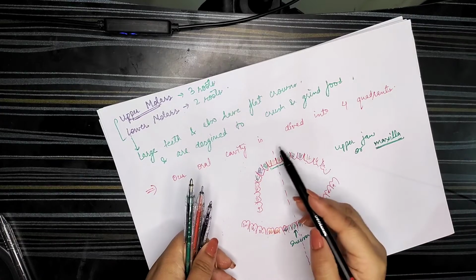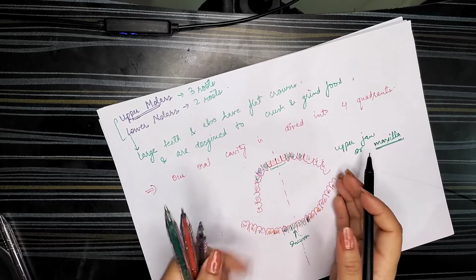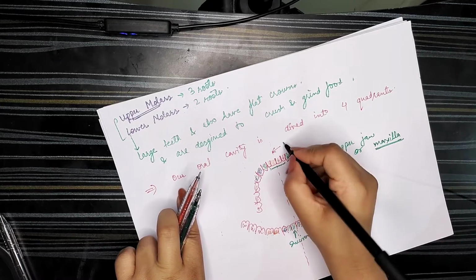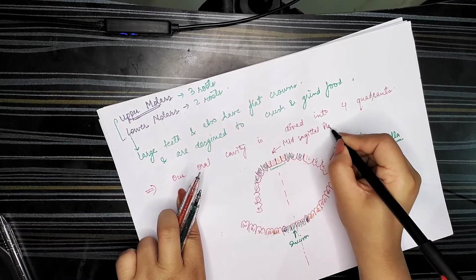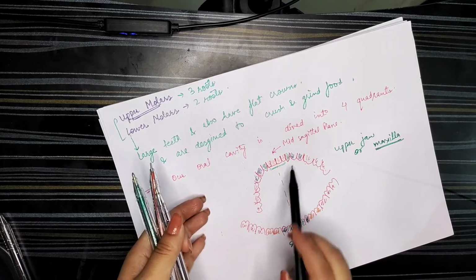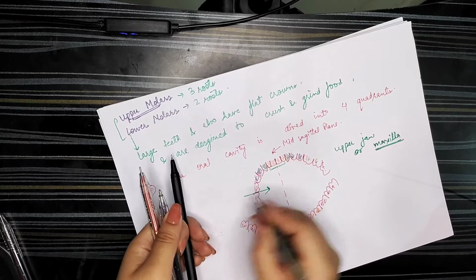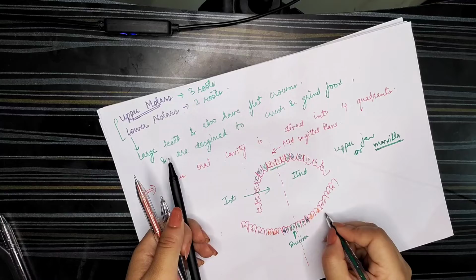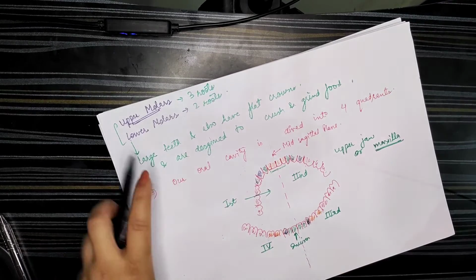If we divide both the arches from the center into 2 parts, this is known as the mid-sagittal plane. And on either side of the mid-sagittal plane there are quadrants. This is the first quadrant, this is the second quadrant, this is the third quadrant, and this is the fourth quadrant.